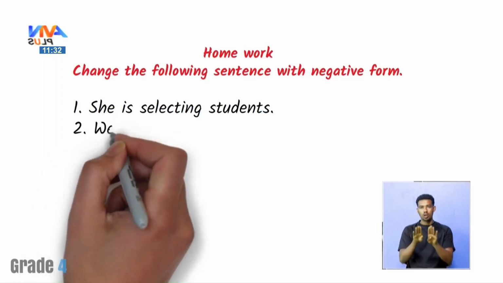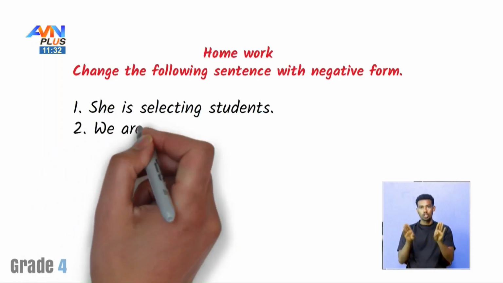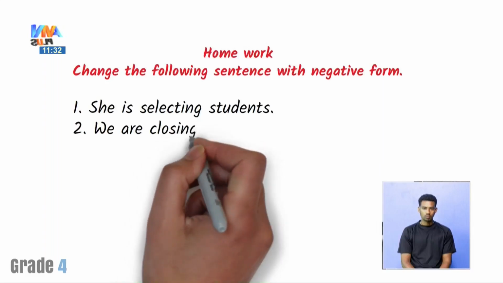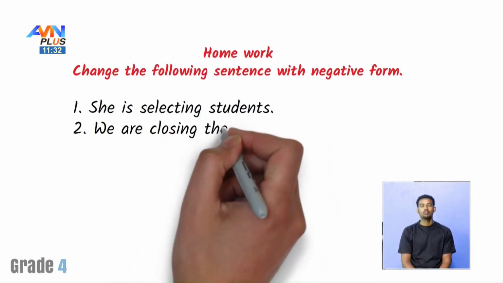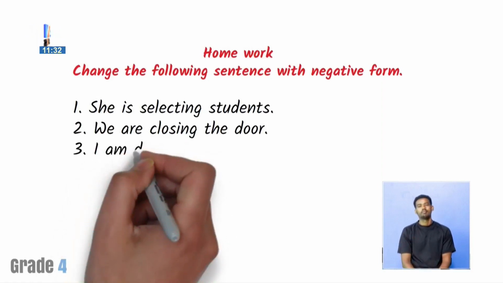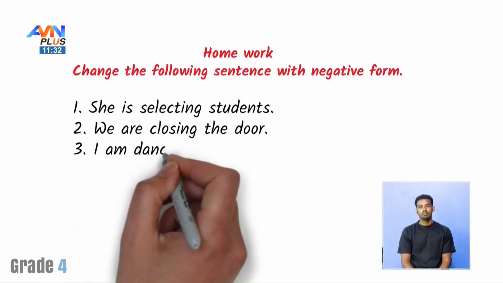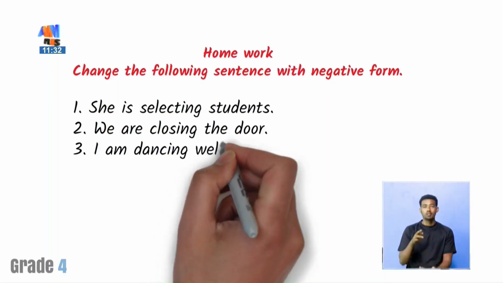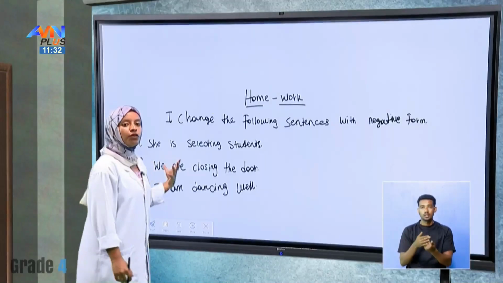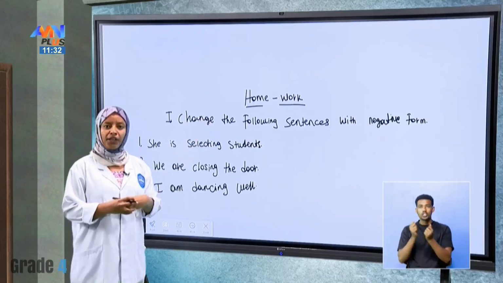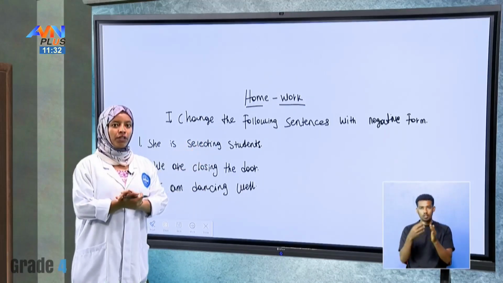We are closing the door. 3. I am dancing well. So these are affirmative forms you can change into negative form and also interrogative form.